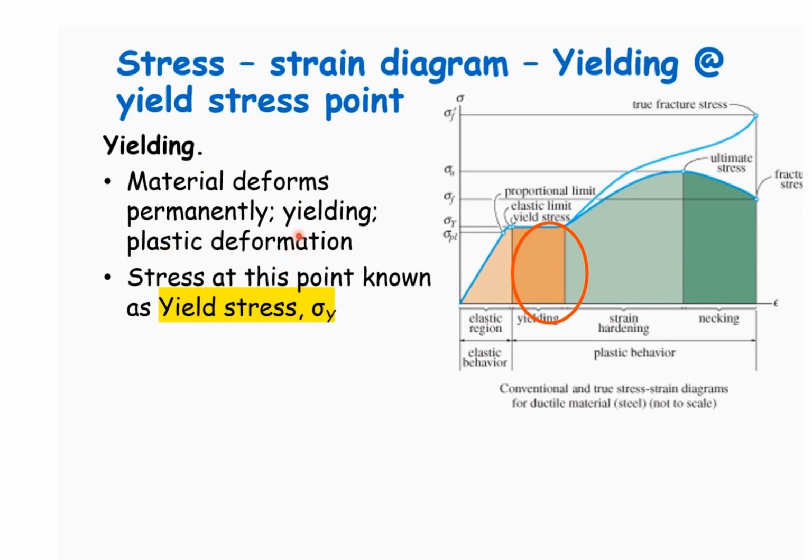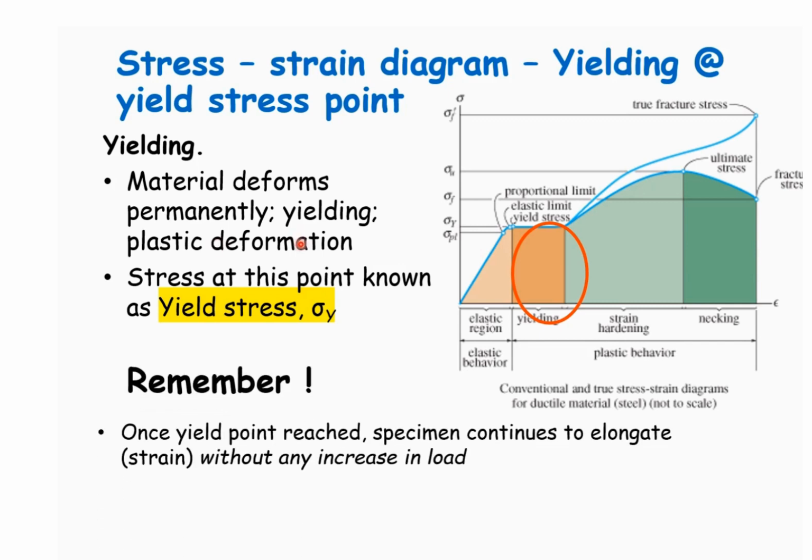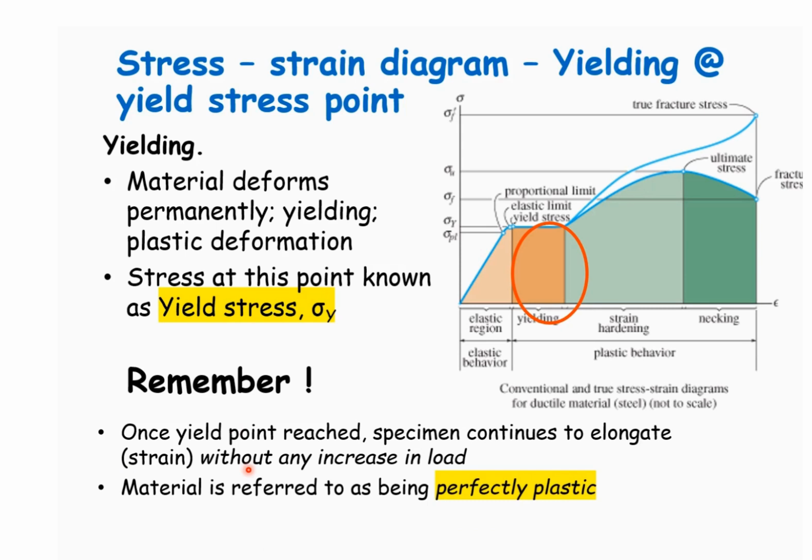We have to remember that once the yield point has been reached, the specimen continues to elongate, or strain, without any increase in loading. In this phase, the material is referred to as being perfectly plastic.